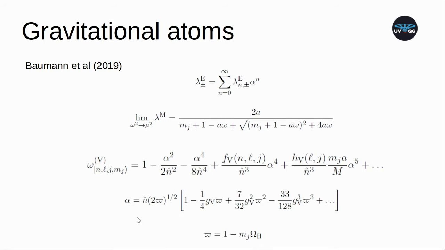This gives us values for which we will have an existence line, so values for which we will have a Proca cloud. We are going to compare this analytic solution with our numerical solution.